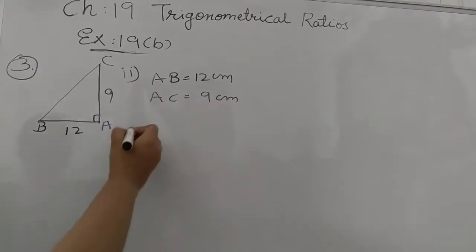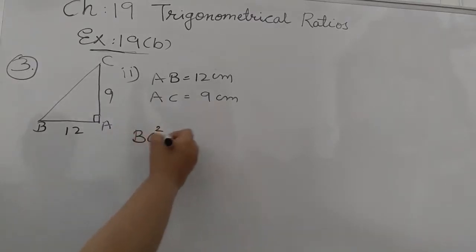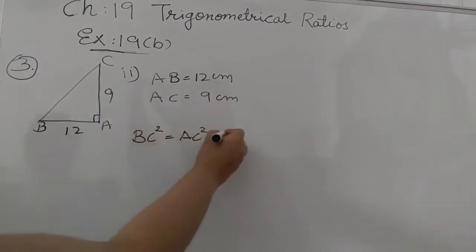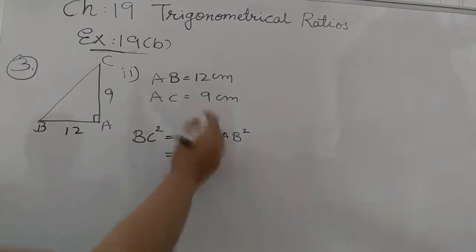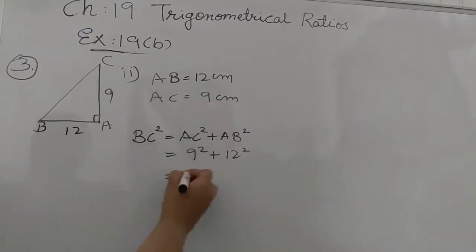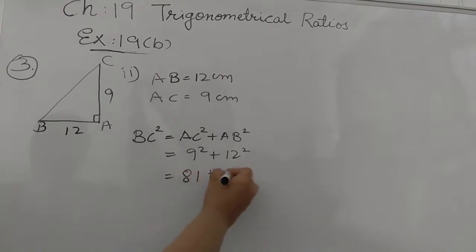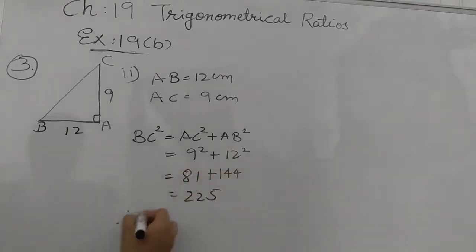So we will first find BC square is equal to AC square plus AB square by Pythagoras theorem. AC means 9 square and AB means 12 square. So 81 plus 144 will be 225. By taking square root we get BC as 15 here.